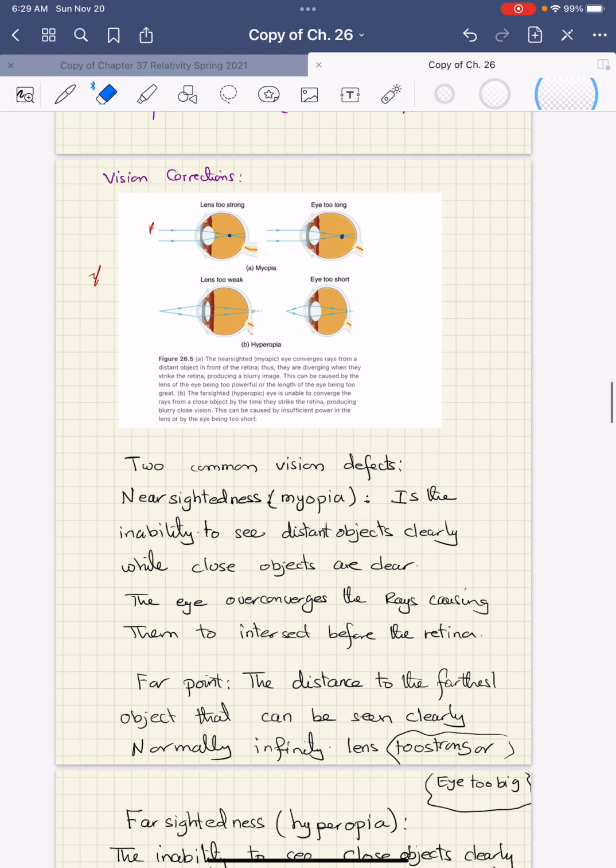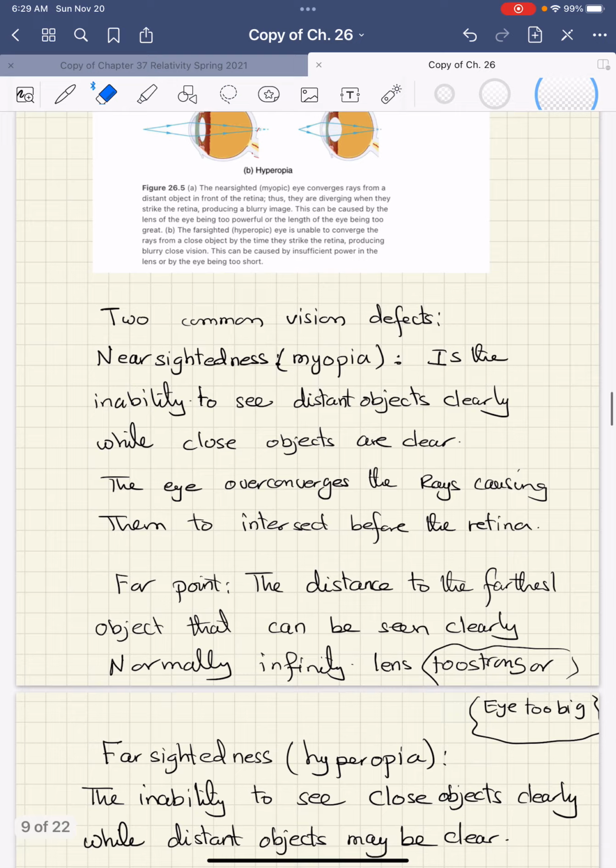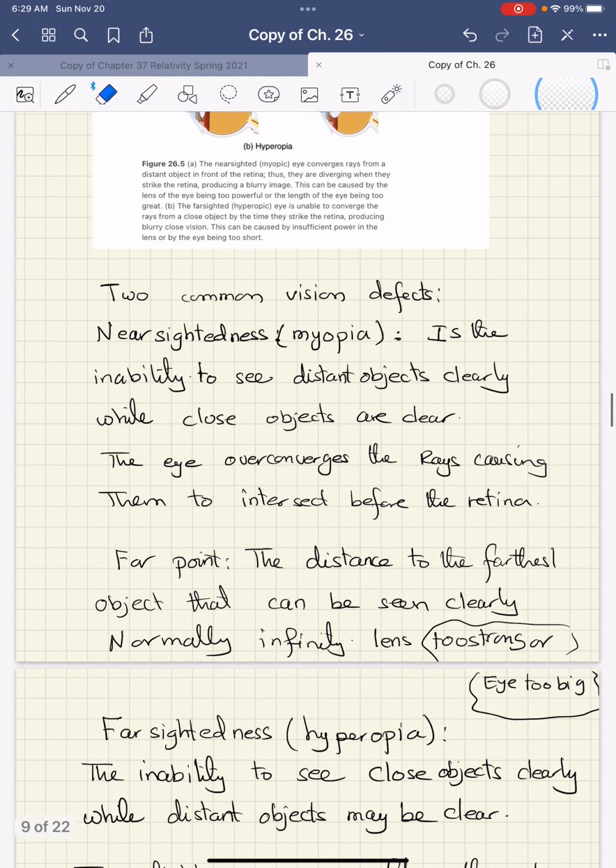Here we also need to introduce what is called the far point, which is the distance to the furthest object that can be seen clearly by normal eyes. This is really, I will say, infinity for our eyes.